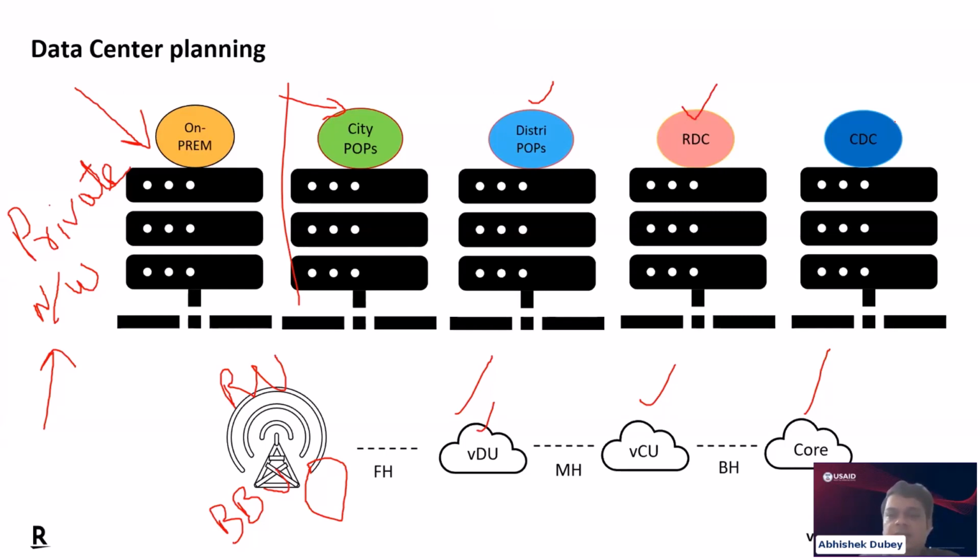And CDC is for your IMS, core, or management applications. So you need to plan your data center based on this input, and check which rack you are going to use in this data center.